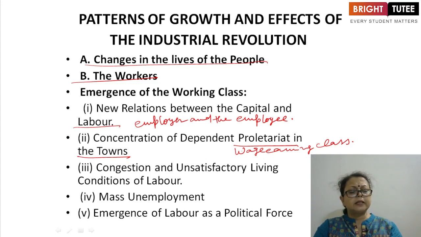The rate of literacy was very low, even on the European continent in those days, at the beginning of industrialization. Dependent upon wage earning for their living, they grew up and massed in numbers in the cities. With the establishment of large factories, new industrial towns like Manchester, Lancashire, and Sheffield sprang up with a vast population of urban proletariat, the urban working class, with congestion and unsatisfactory living conditions for laborers.